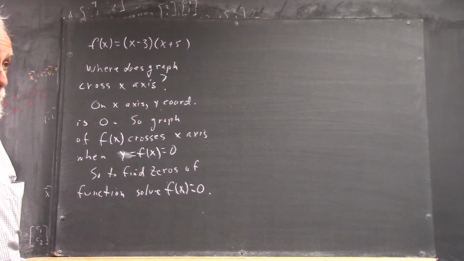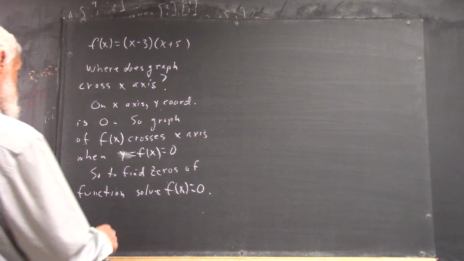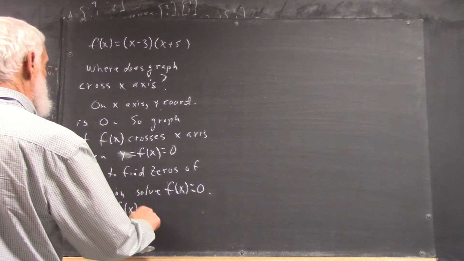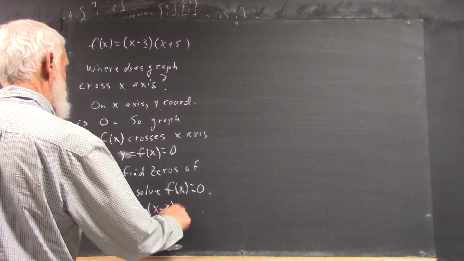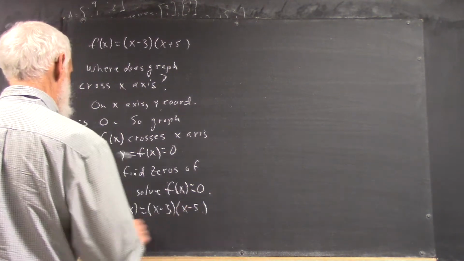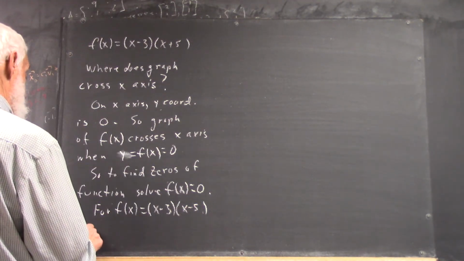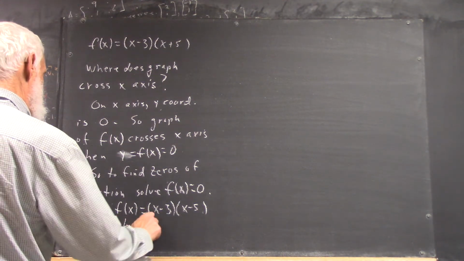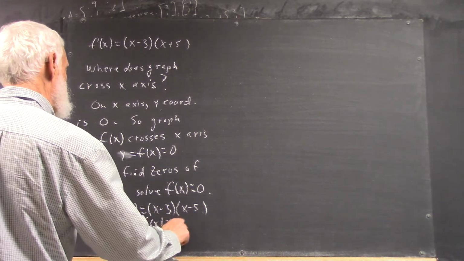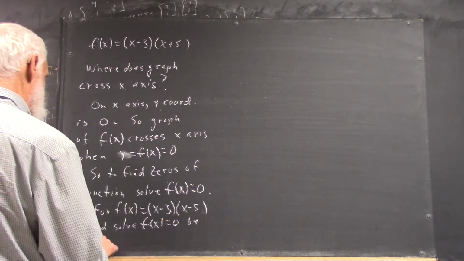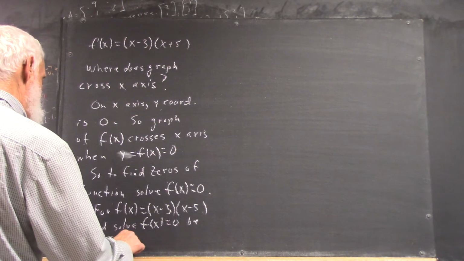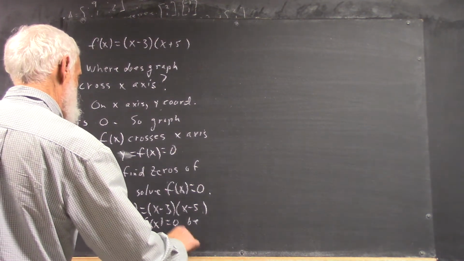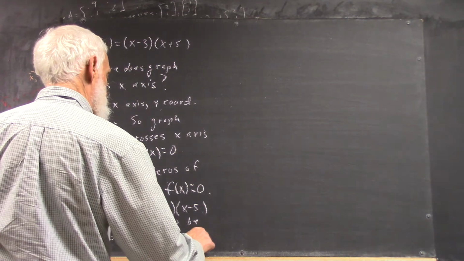So you could solve f of x equals 0 by expanding and using the quadratic formula.